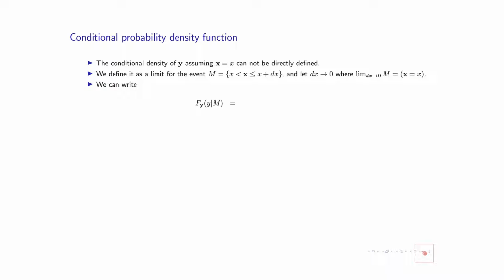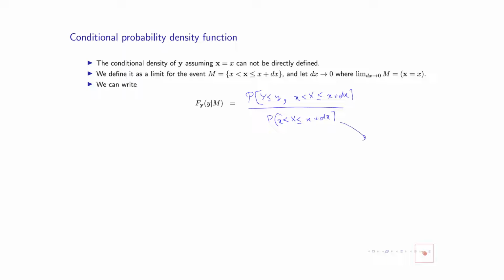And then we write the CDF of these random variables. Basically this is going to be the probability that Y is smaller than or equal to y, intersected with the event that X is bigger than x and smaller than x plus dx. Then we divide by the probability of X being greater than x and smaller than x plus dx.